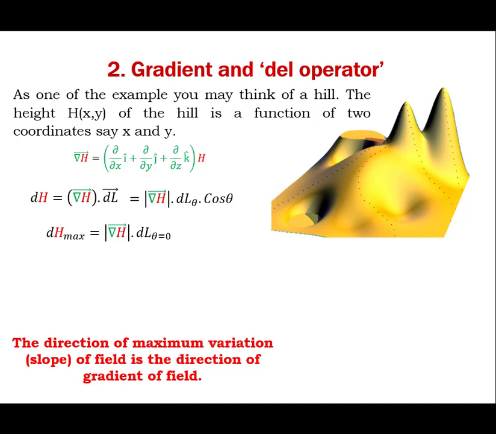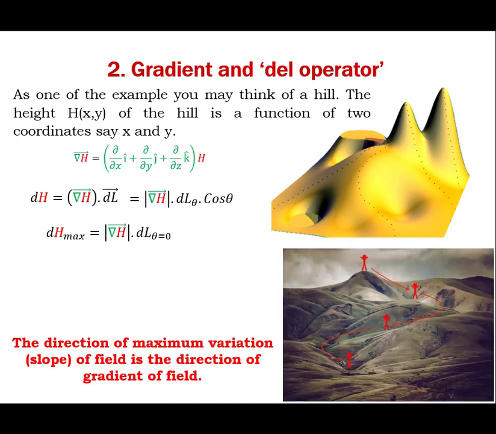Imagine it is raining on the hill. You can notice that the water flows in the path of maximum slope of the hill, or in the direction of the gradient of h at each point of its path. This del operator is very interesting, as it does have unit vectors along the x, y and z axes, but it has no magnitude.